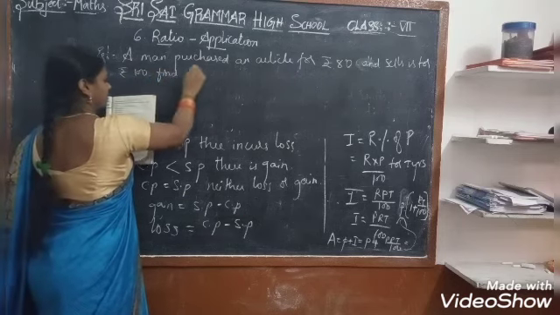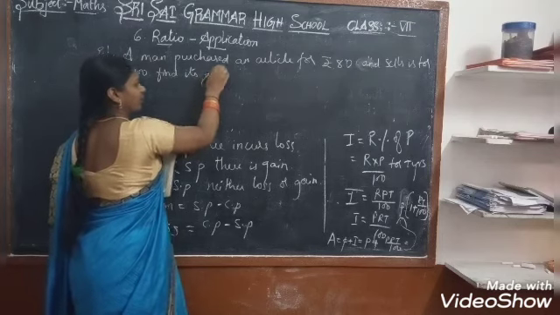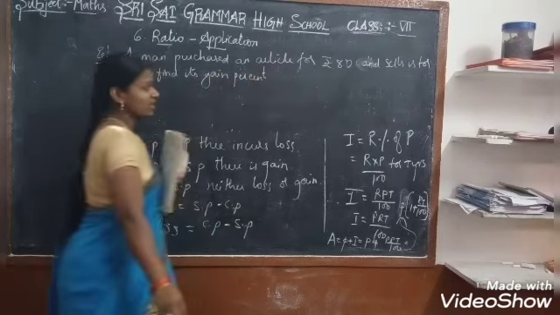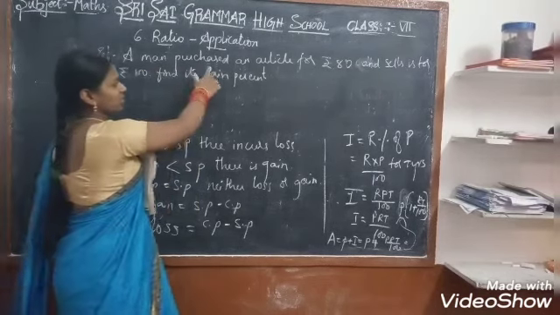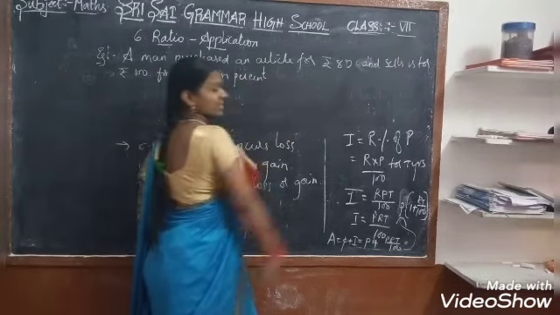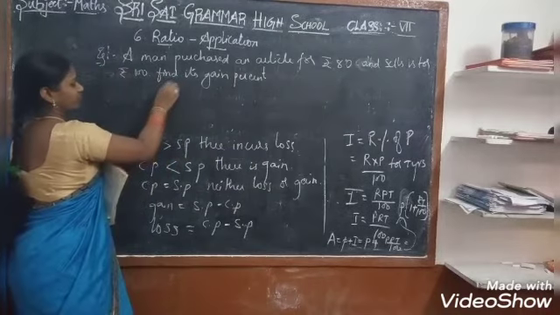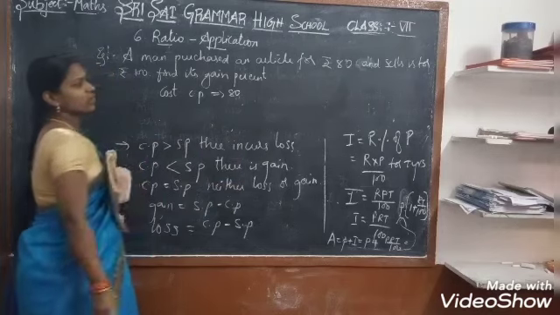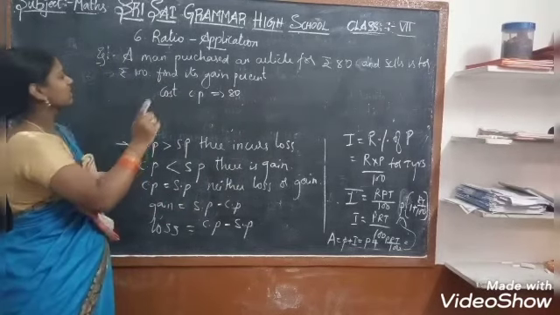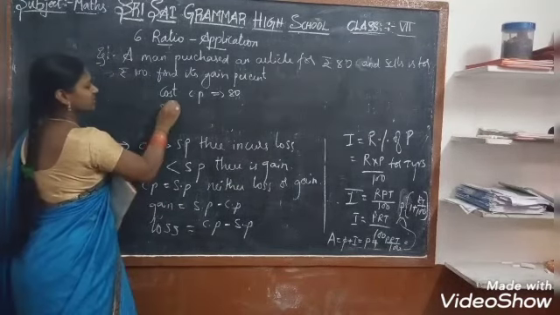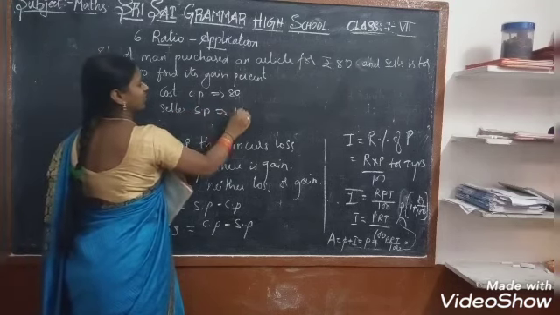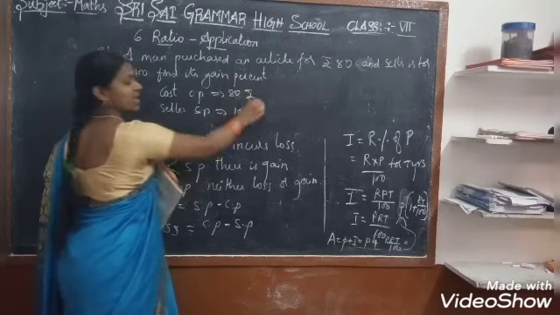Find its gain percent. Okay? Now here the cost of the article is how much? 80. That is cost price equals 80. Then it sells for rupees 100. That is selling price, 100.